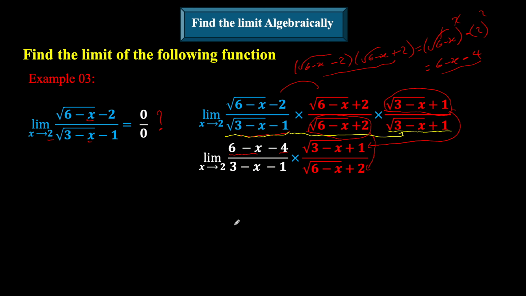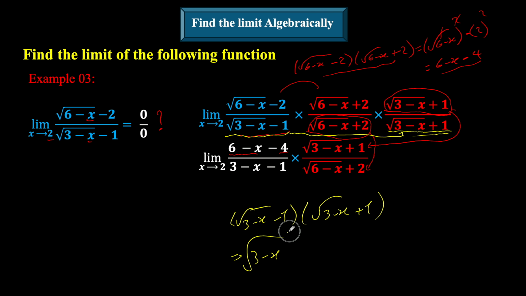We will say the square root of 3 minus x minus 1 multiplied by the square root of 3 minus x plus 1, the conjugate, and we will get 3 minus x squared minus 1 squared, right?